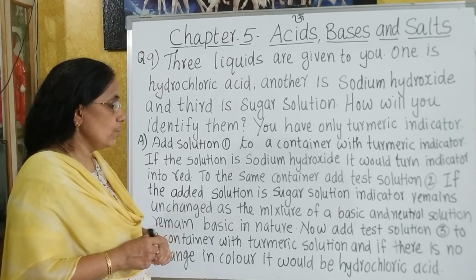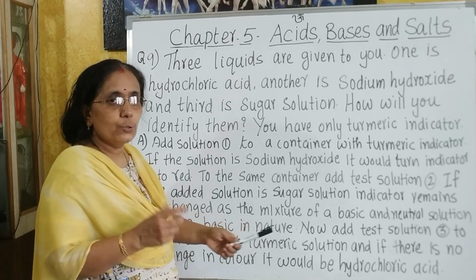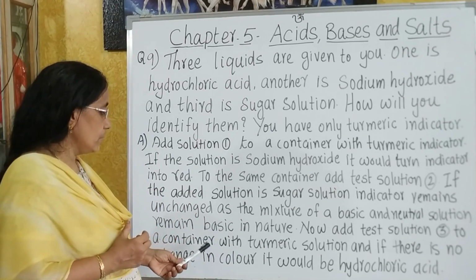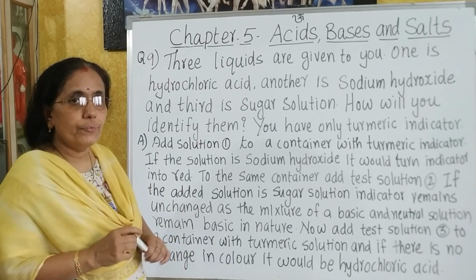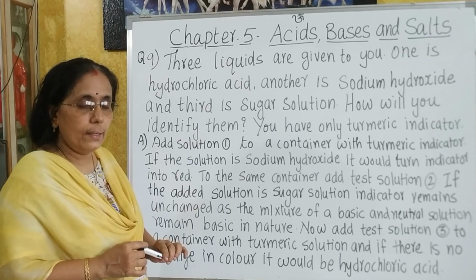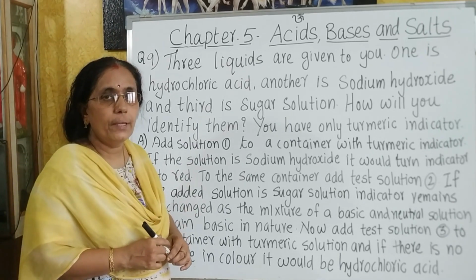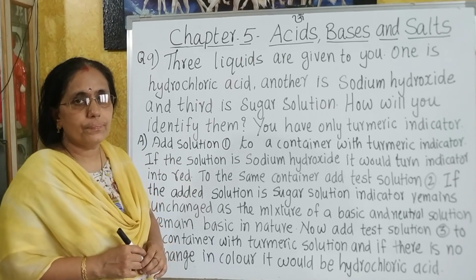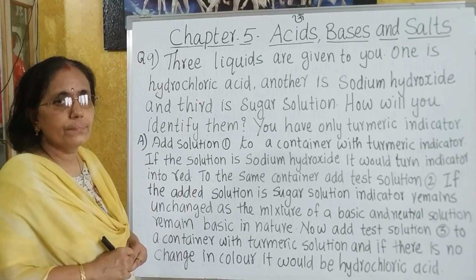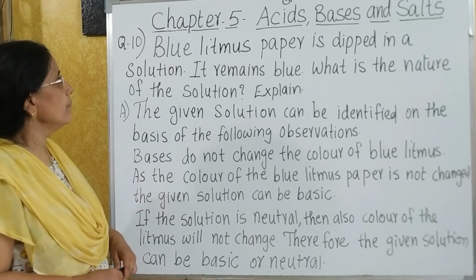Now, to check the third solution, you have to add that to a container with the turmeric solution, and if there is no change in the color, then we can say that that solution would be hydrochloric acid. Now, let us go to the next question.